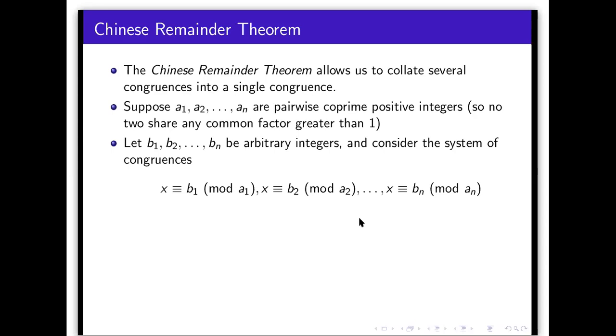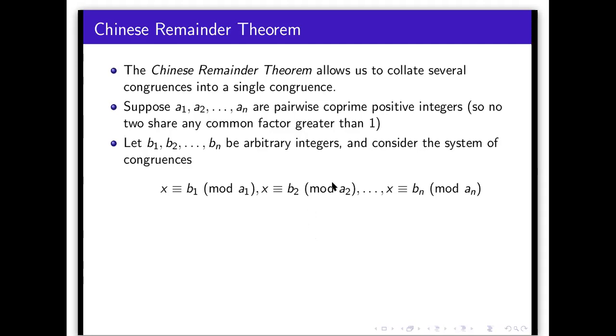Well, if we define bi to be any arbitrary positive integers, we consider the system of congruences: X is congruent to B1 mod A1, and on to Bn mod An. So essentially, we have a system of n congruences, and the moduli of these congruences are all relatively prime.